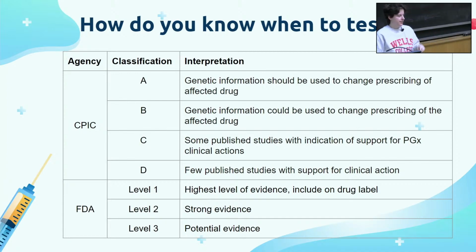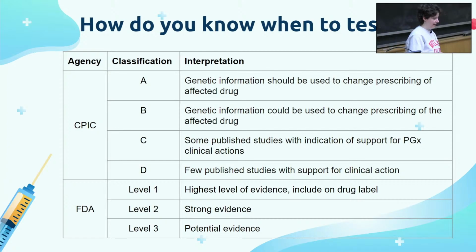If a drug is a CPIC level C or D, it doesn't mean it will never be an A or a B. It just means that the research has not been done to a good volume or to a good legitimacy, I guess. Not every drug will turn into a CPIC level A if it's B, C, or D, but it is a possibility. It can change over time.